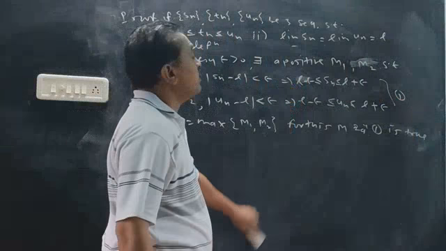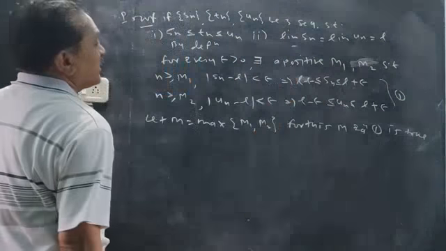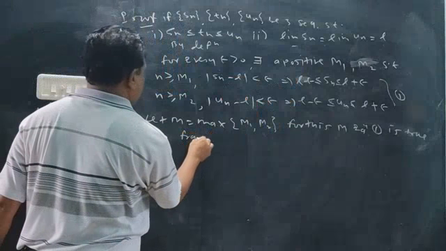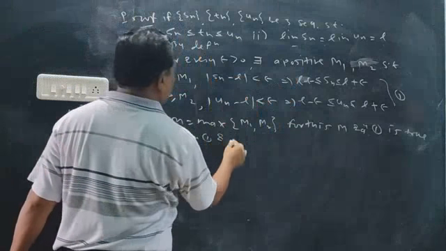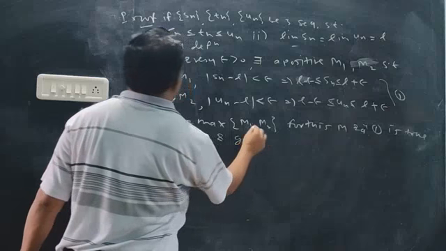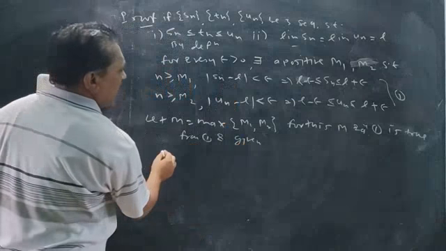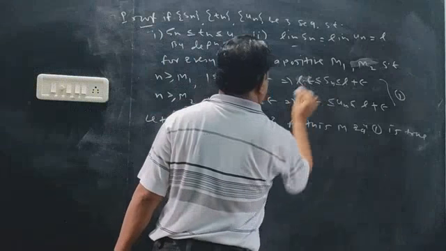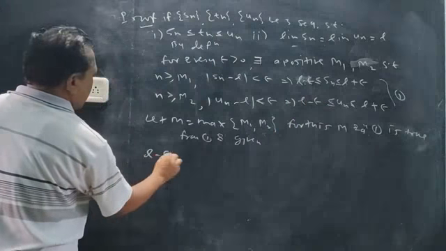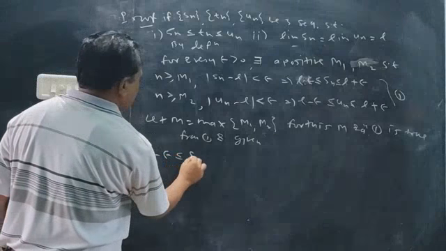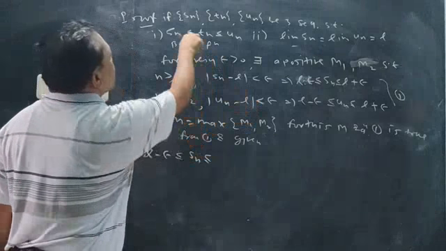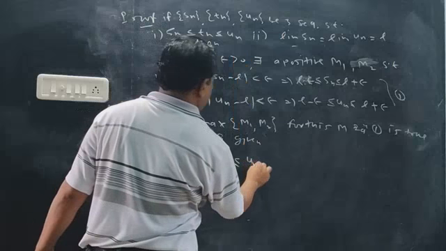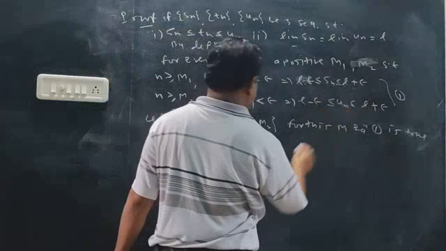So now comes the proof. From 1 and the given, L minus epsilon is less than Sn, but Sn is less than Tn, Tn is less than Un, and Un is less than L plus epsilon.